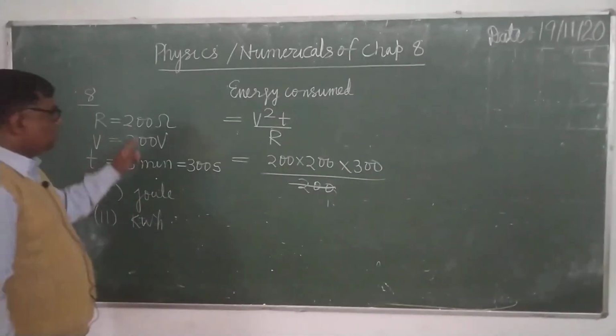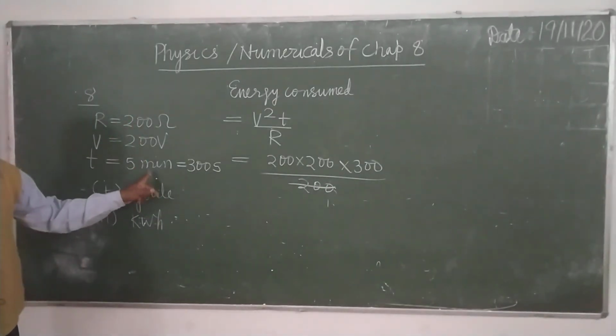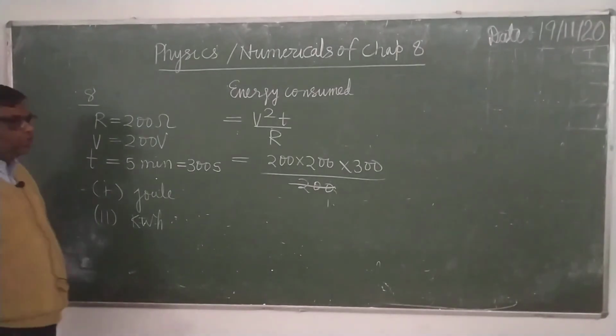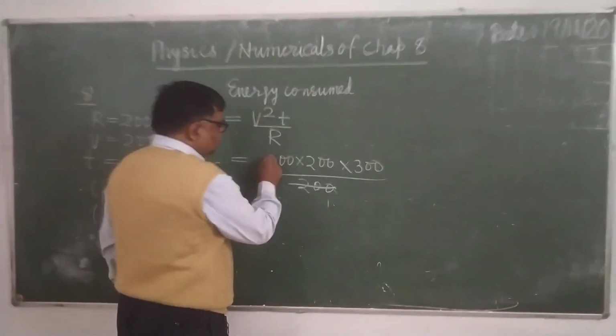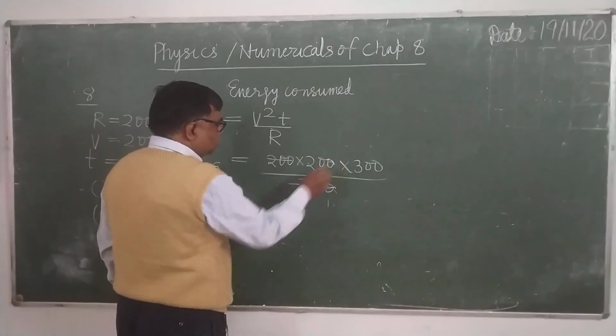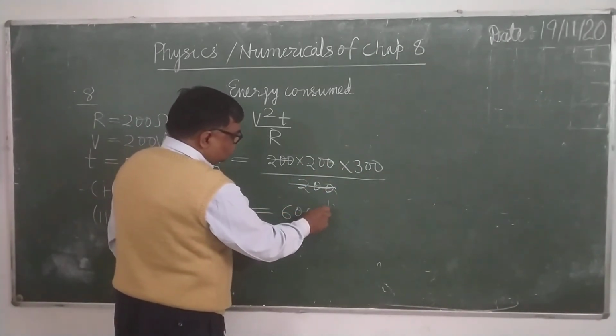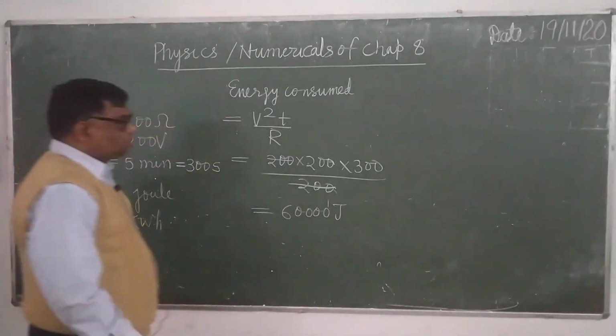Since you have taken everything in SI unit, energy will come out in the SI unit. What is the SI unit of energy? It is joule. So 200 into 300 equals this joule. It is clear?